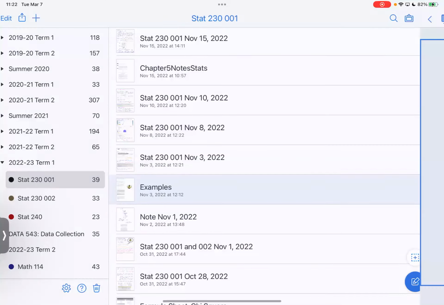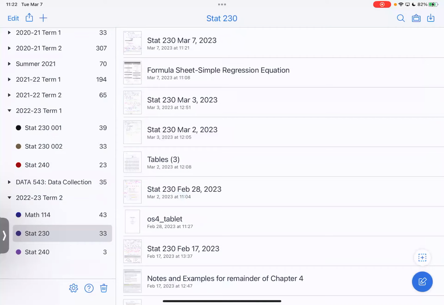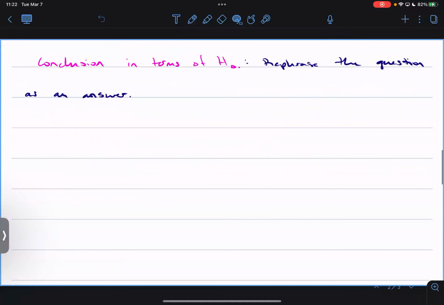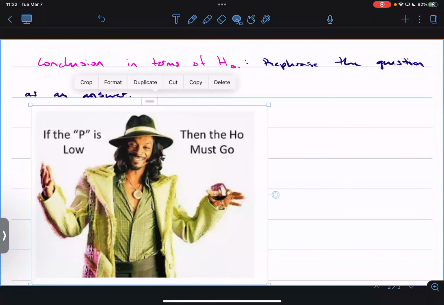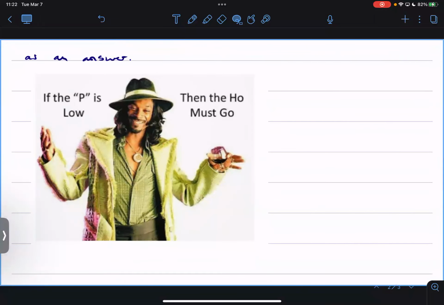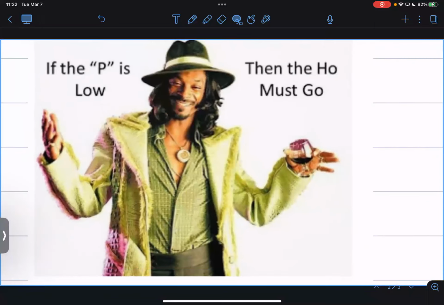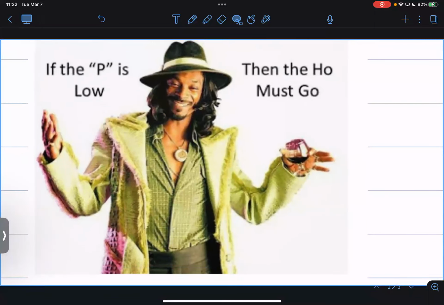I like to use this one to help you remember. If the P is low, then the null hypothesis must go, right? That's what it says, and this is just to help you remember.